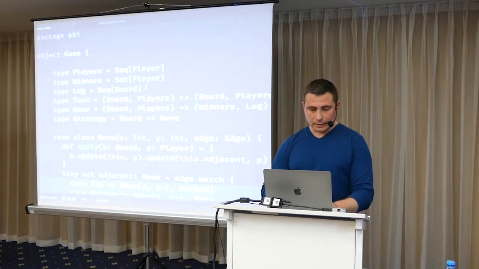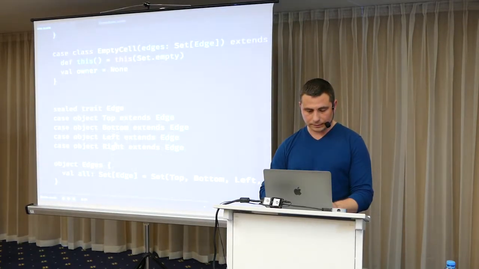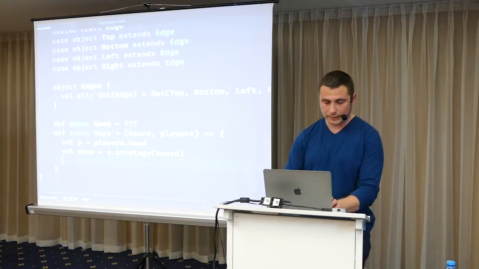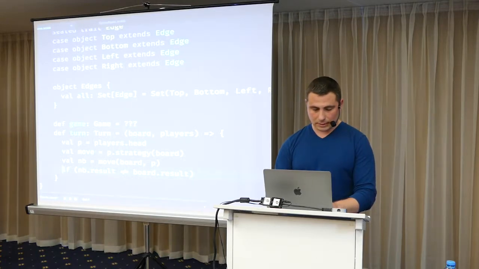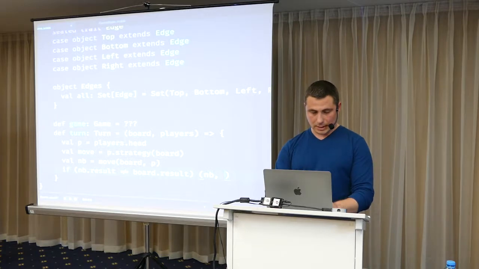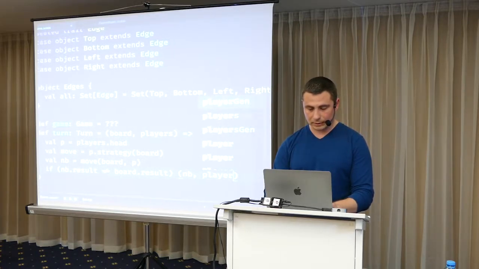Strategy, of course. We now define the strategy of the player here. So we're using this strategy. Let's just finish it. So now we have a move. What do we do? We say the new board is just a move applied to the board by the player, and then we say, okay, if new board results is not the same as old board results, then we return new board and the same list of players as before, because obviously a cell was taken.